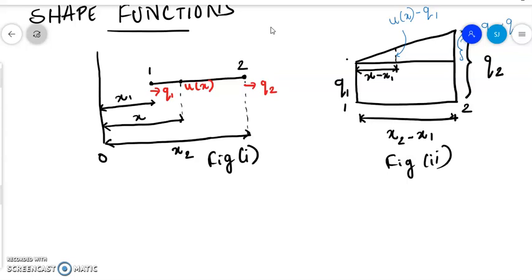Now from figure 2, interpolating, there are two triangles. As we see, we have this smaller triangle and this bigger triangle.